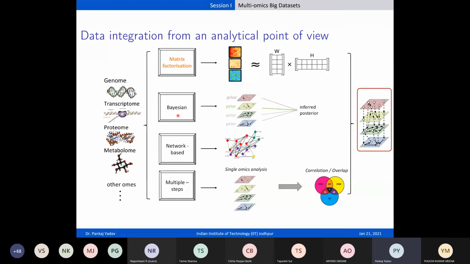In the Bayesian case, you have some priors and then you infer the posteriors. You can also perform network-based analysis, single omics analysis, and draw correlations and overlaps. So there are different strategies, and the methods I've shown you are based on these kinds of approaches.